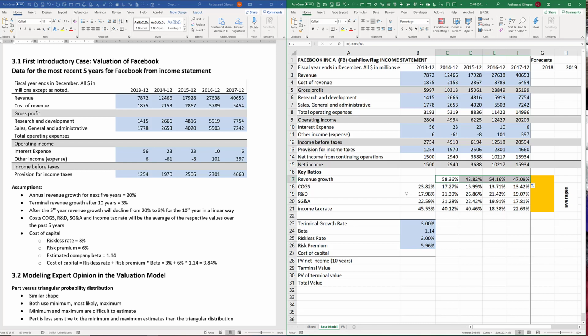Now we can find the average of all of these ratios. So you get average from there to there, and then we have average like that.